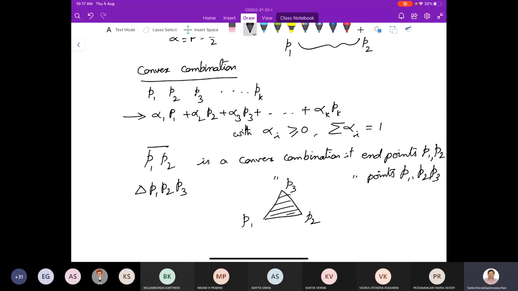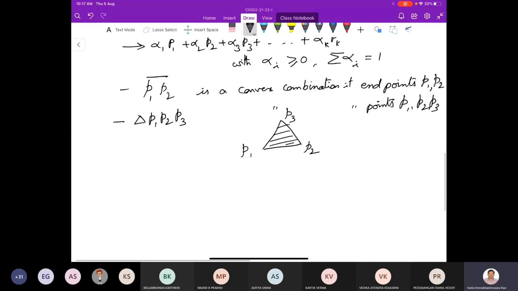Similarly, this is a one-dimension case and this is a two-dimension case. In 3D, you have 4 points, P1, P2, P3, P4, and all the convex combinations of these 4 points is actually a tetrahedron. It's a convex thing.